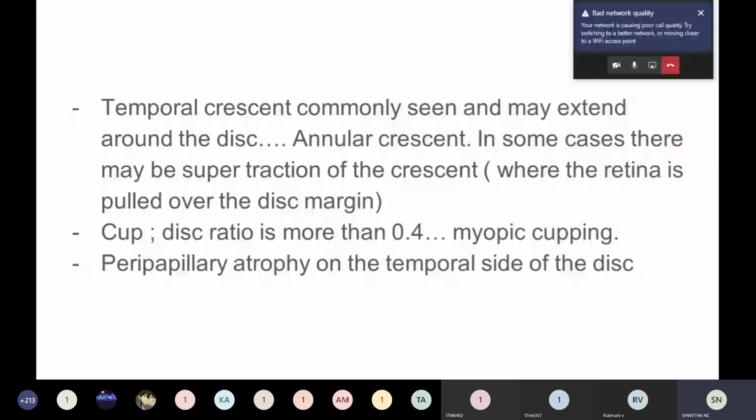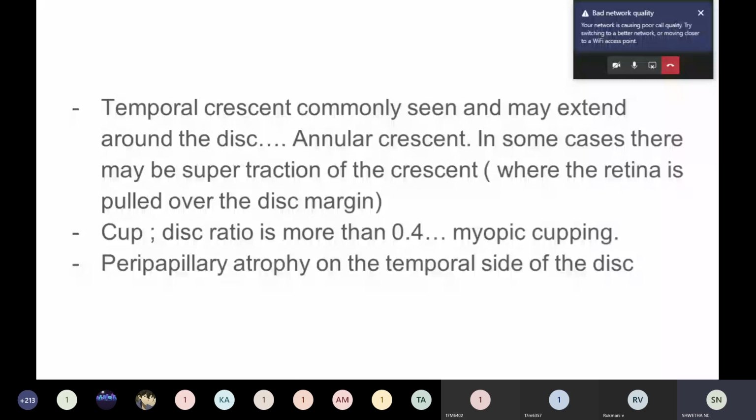What is the meaning of supertraction? It means the retina is pulled over the disc margin due to traction, because it is thinned out. So normally you see a temporal crescent in the myopic fundus, and this crescent may extend all around the disc, the annular crescent, or sometimes there may be a supertraction over the disc margin.